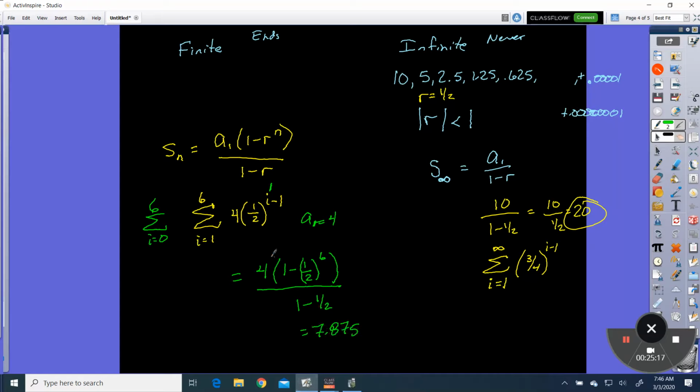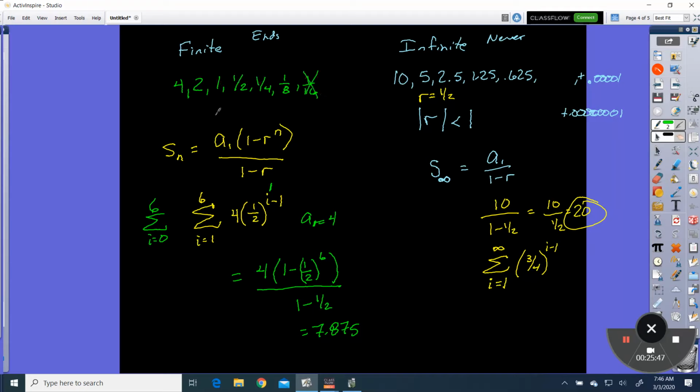You could actually probably do this another way. You could take it and say that first term is 4, and then we're multiplying each one by a half. So 4, 2, 1, 1/2, 1/4, 1/8, 1/16.